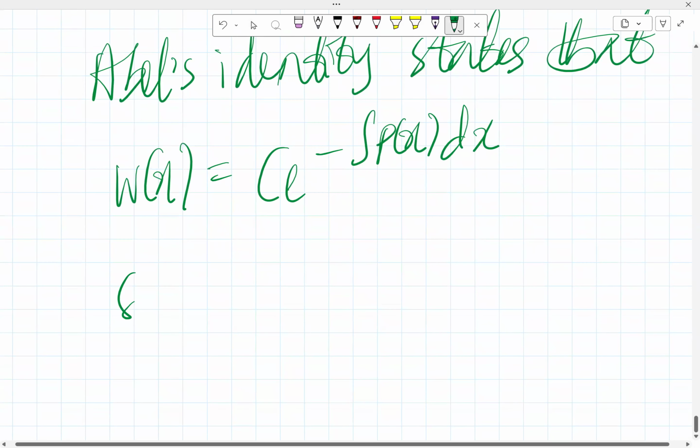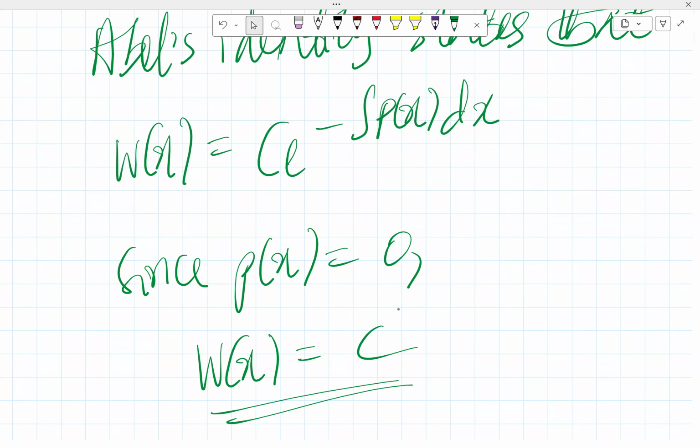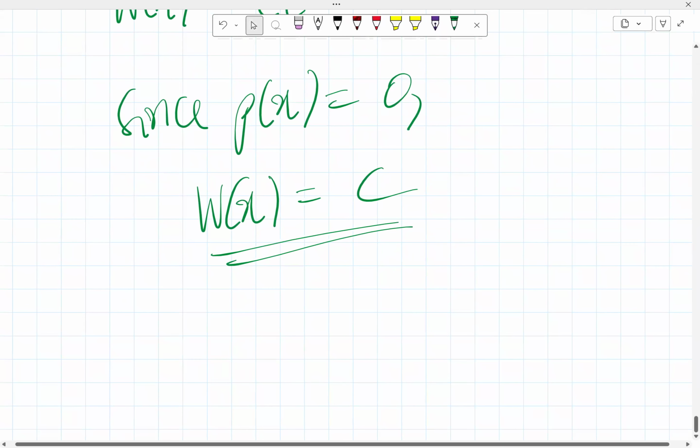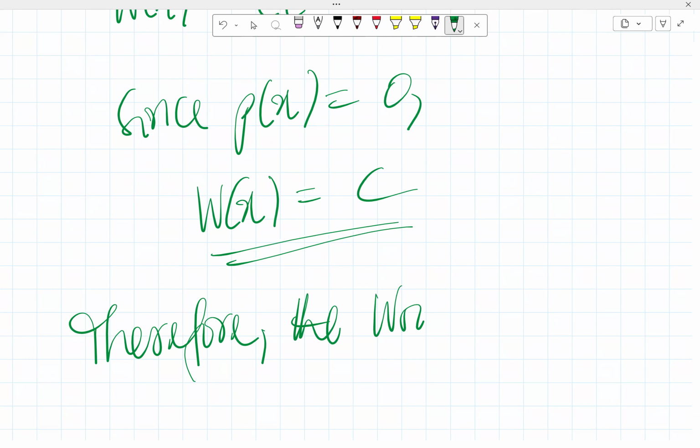And then since p(x) is seen to be equal to 0, we see that W(x) is just the constant c. Therefore, the Wronskian is constant.